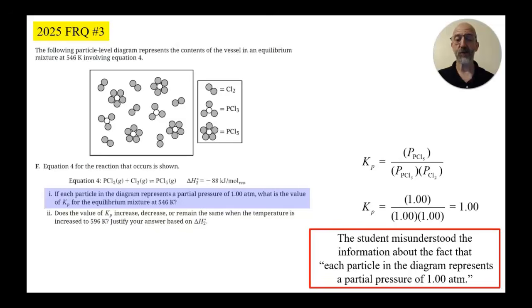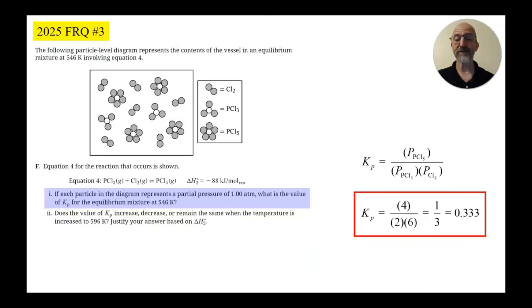So if I'm counting correctly, I see 4 particles of PCl5, 2 particles of PCl3, and 6 particles of Cl2. Now that's 4 divided by the product of 2 times 6. That's 4 over 12, or 1/3, and they would accept either the fraction 1/3 or the decimal version of 0.333.